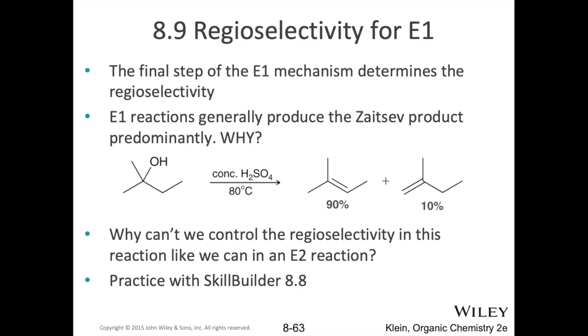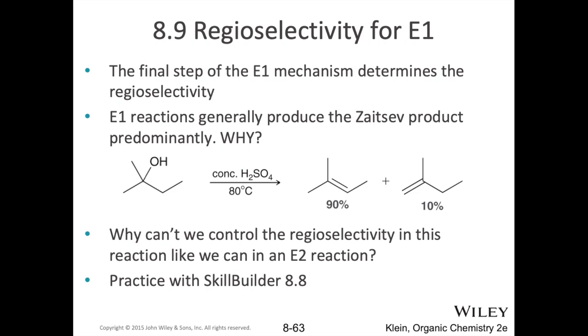Here in our E1 mechanism, we're starting from a high energy carbocation, so there really isn't too much variation in the transition state in terms of the difference in energy. So what really drives our product formation is that thermodynamic product. We're going to produce the more stable Zaitsev product, generally speaking.